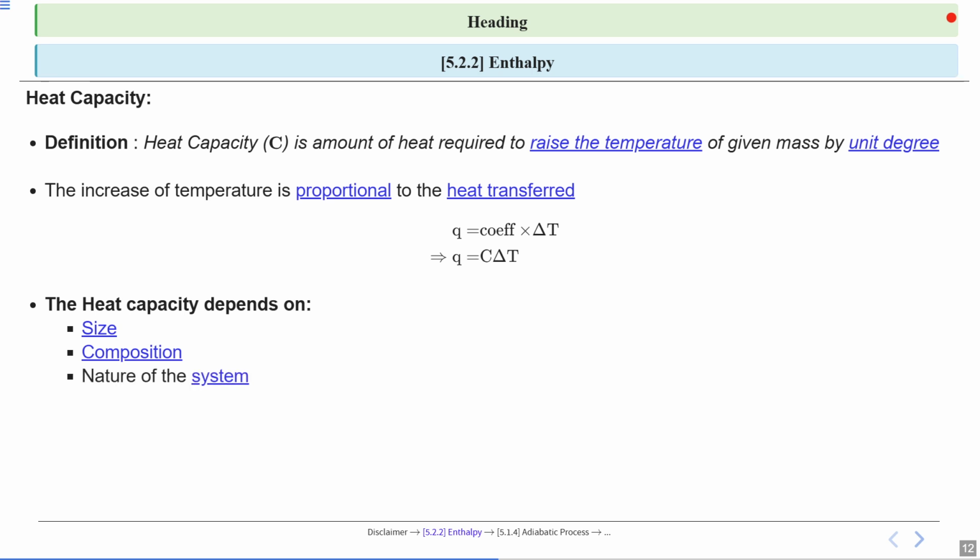Third is the nature of the system. And fourth is the amount of substance. So your heat capacity will depend upon these four things. I hope this is clear to you. You can say in a very short point that it is dependent upon the substance for which you are trying to raise the temperature.